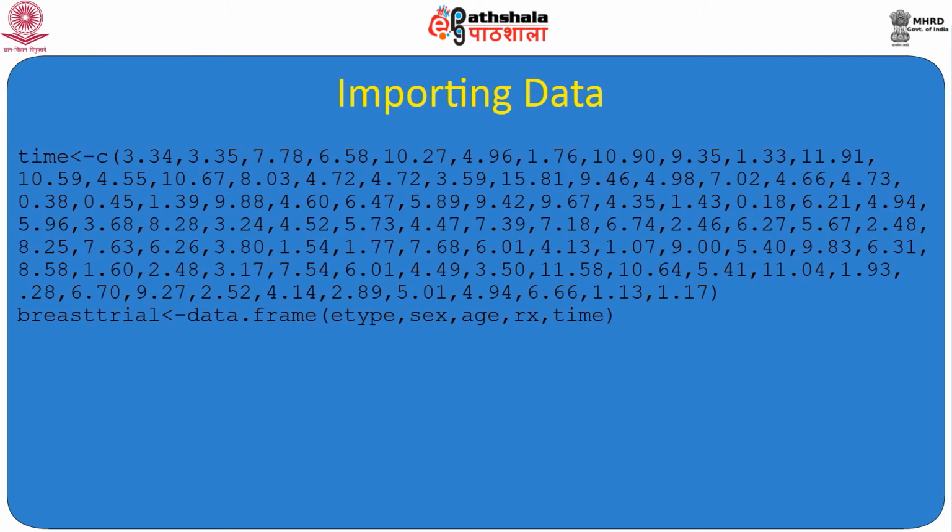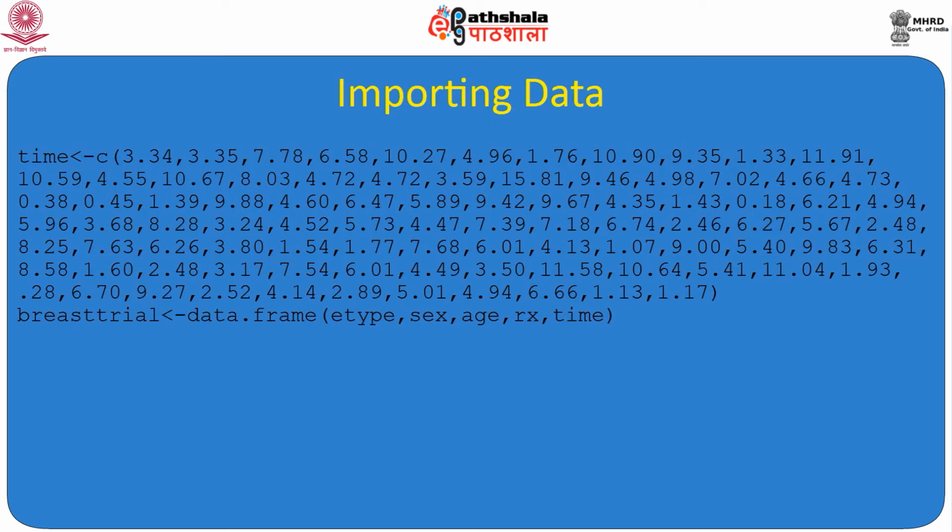Now coming to time, again time is observed in years, that is 3.34, 3.35, like that, all individuals having follow-up periods in years. So all these 5 variables are assigned through a function called data.frame, with E type, sex, age, Rx and time assigned as a database named breast trial.